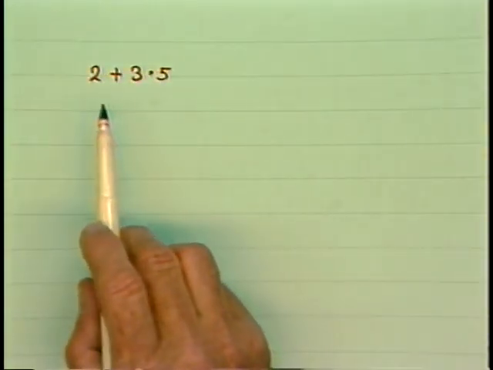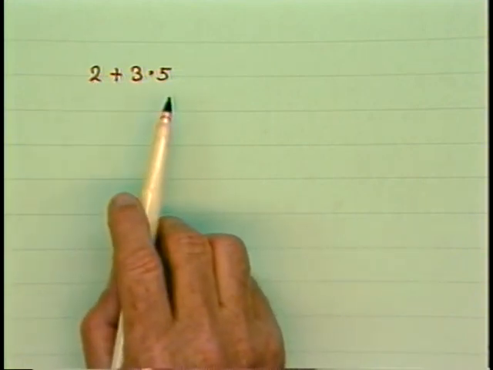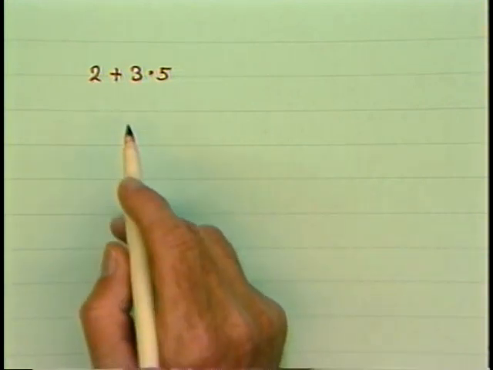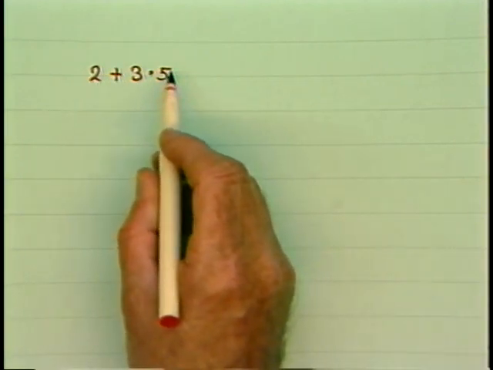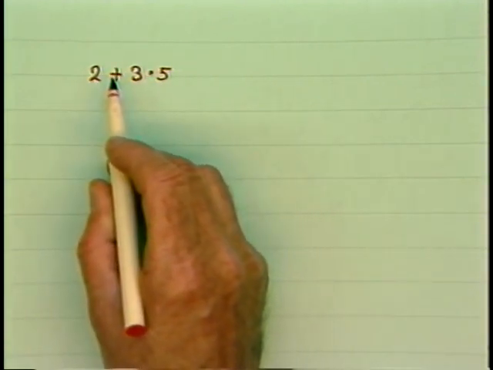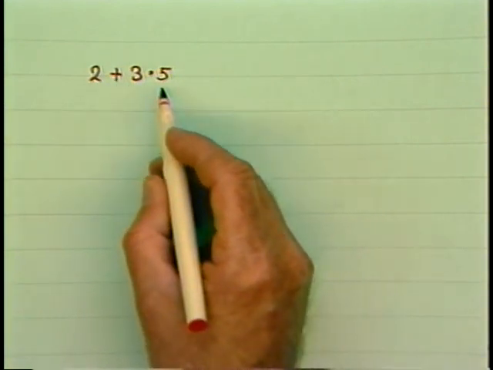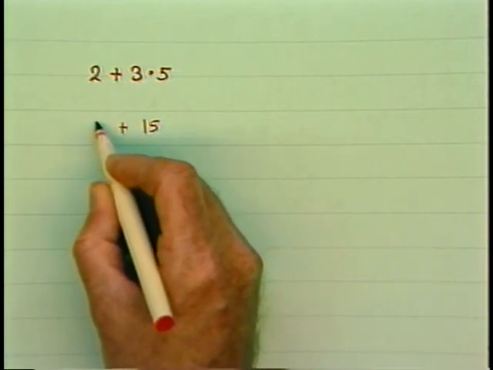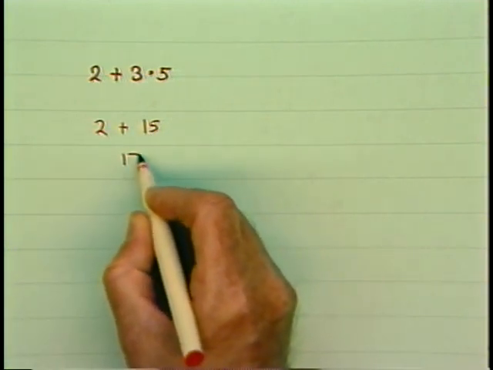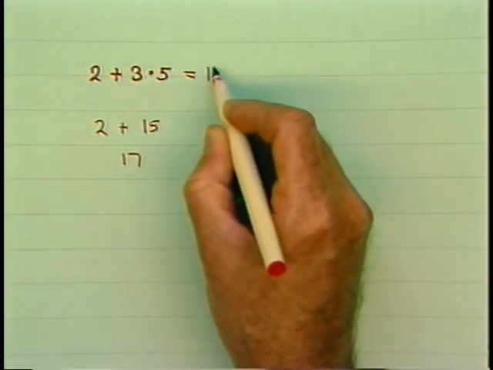Let's consider this very simple order of operations problem. We know from similar lessons to this one that you must do the multiplications before the additions. So 3 times 5 is 15, added to 2, and of course the answer is 17.